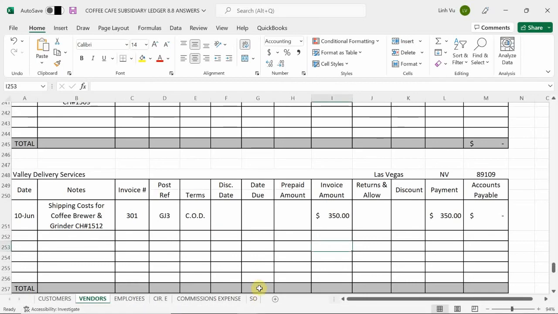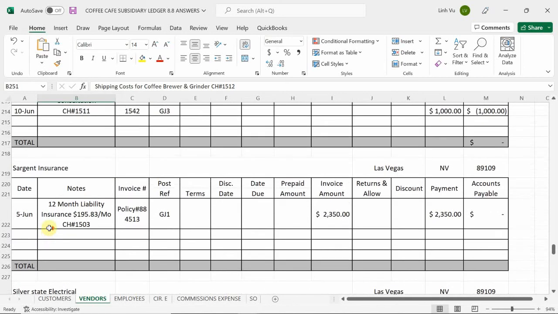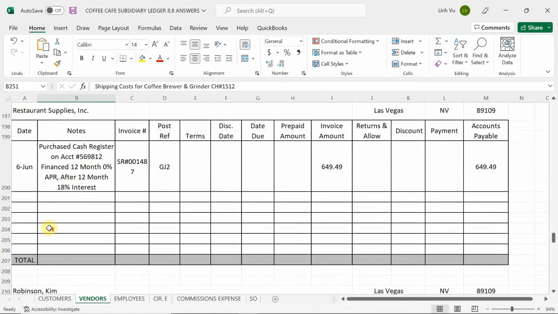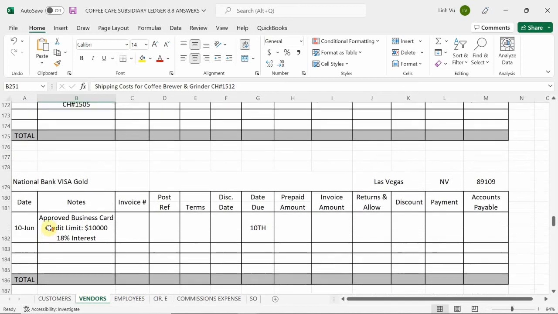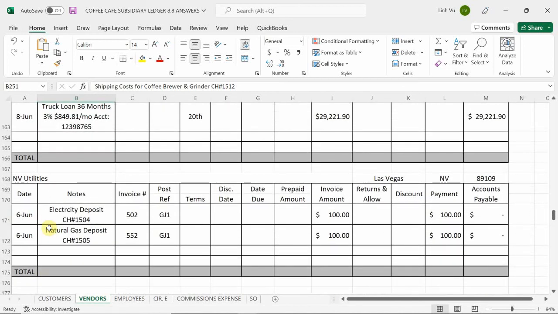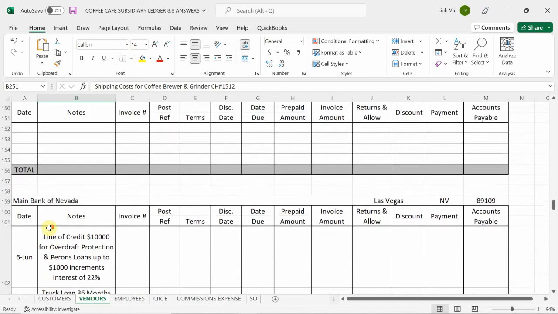So I definitely need to update their profile because we owe more money now, right? We need to keep track of our bills and the people that we owe. So in this case, I'm going to locate LV Remodeling. So this should be in alphabetical order. Okay, so LV Remodeling. There's landlord. Here is NV Utilities.